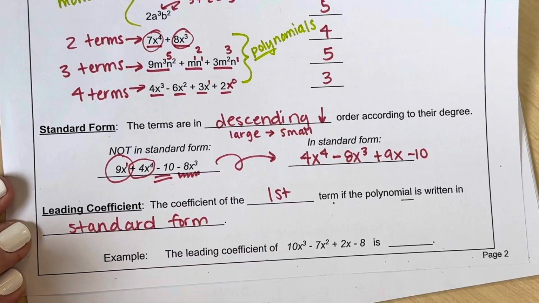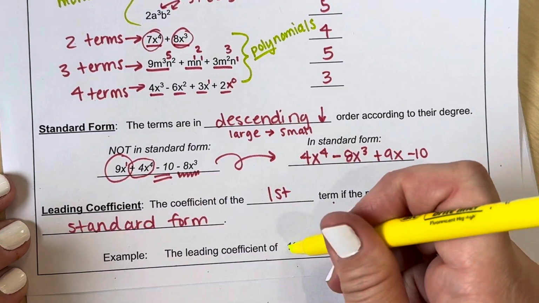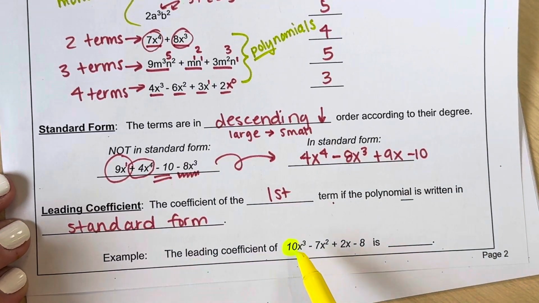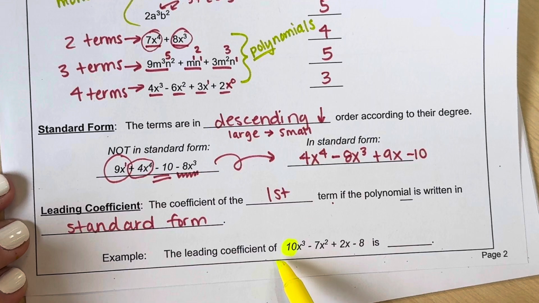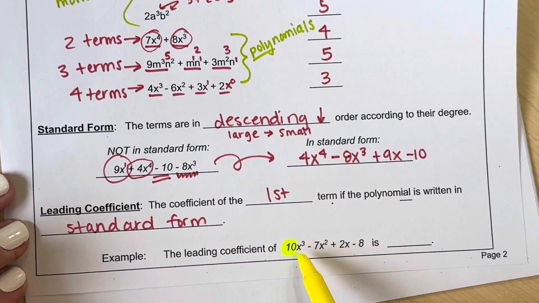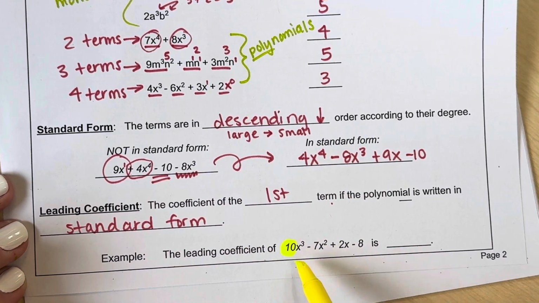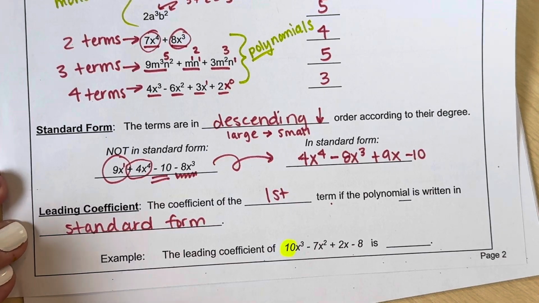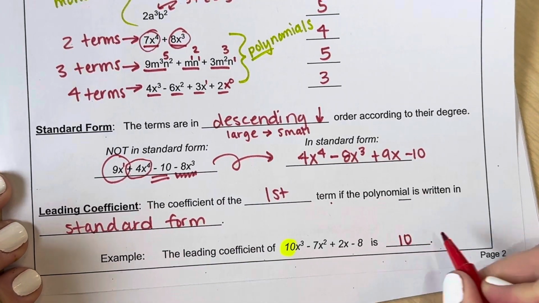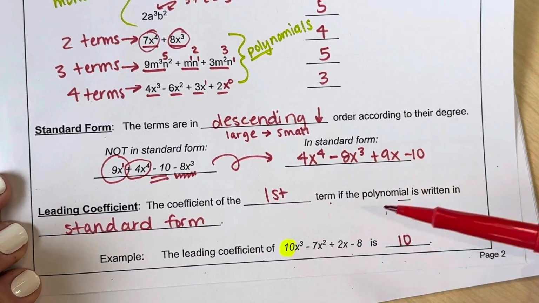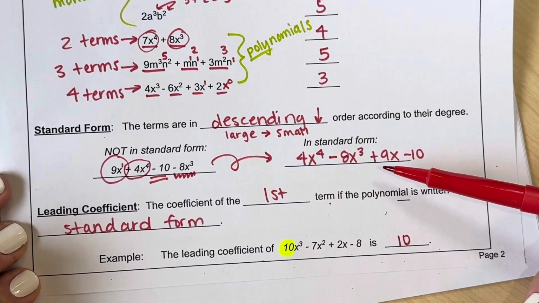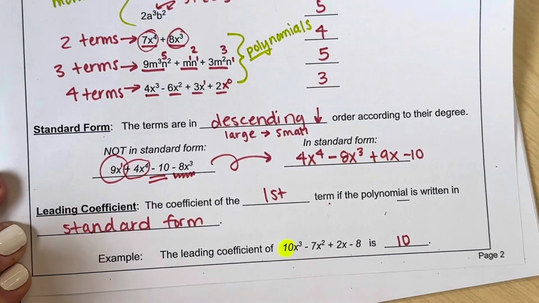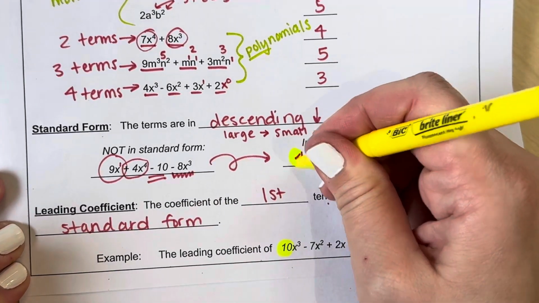And the leading coefficient is the one that's at the very front. The coefficient is always a number in front of a variable, but the leading coefficient is the very first one if it's in standard form. So the leading coefficient here is 10. What's the leading coefficient of this one? If you said 4, you are correct.